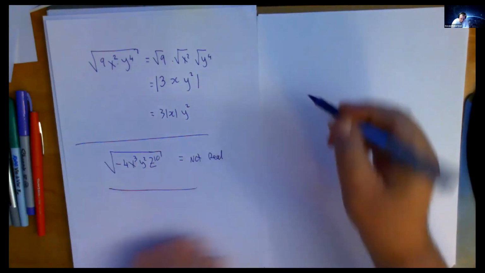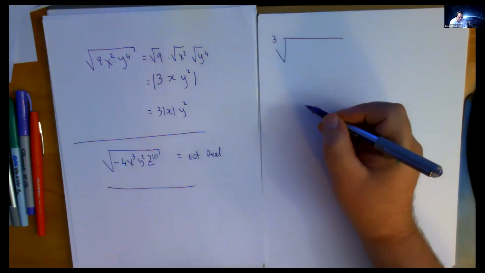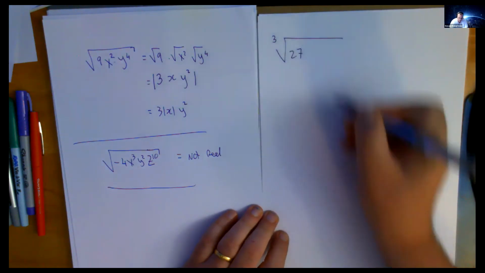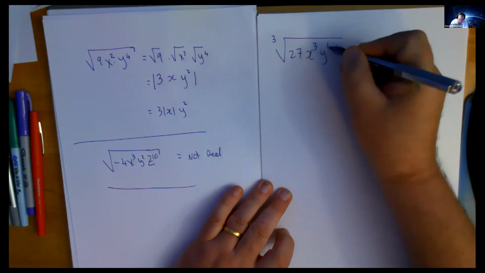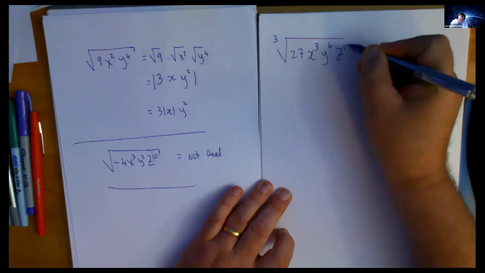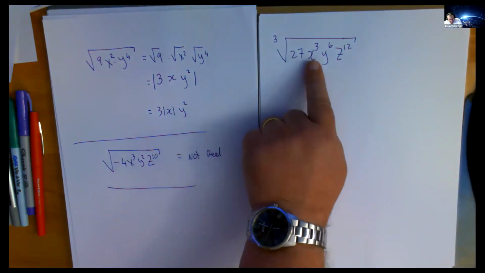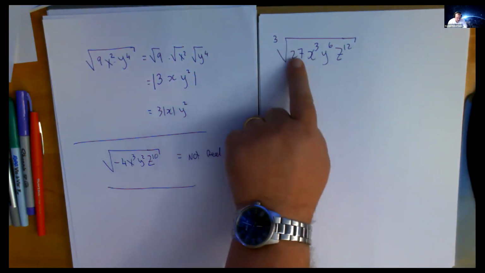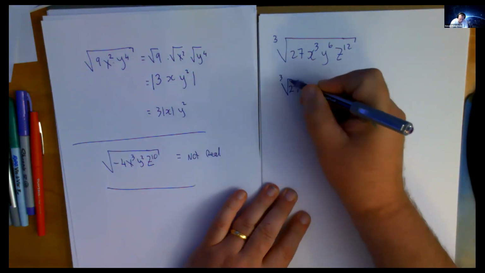Let's try cube roots then. Cube root of 3, 9, 27, x cubed, y to the 6, z to the 12. So we're going to take each one of these and figure out what the cube root of it would be, on its own.